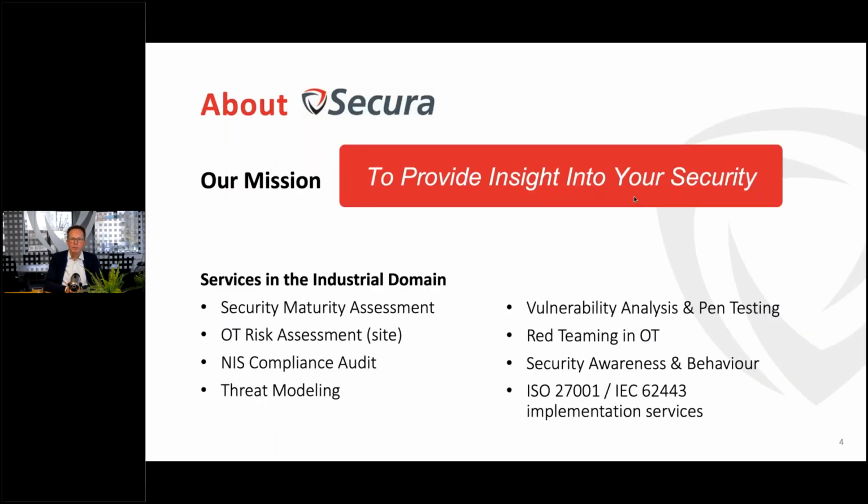Okay, one slide about Secura, just to explain who you have in front of you. We are a competency center in digital security, in cybersecurity. We have quite a few experts that help you to provide insight into your security.